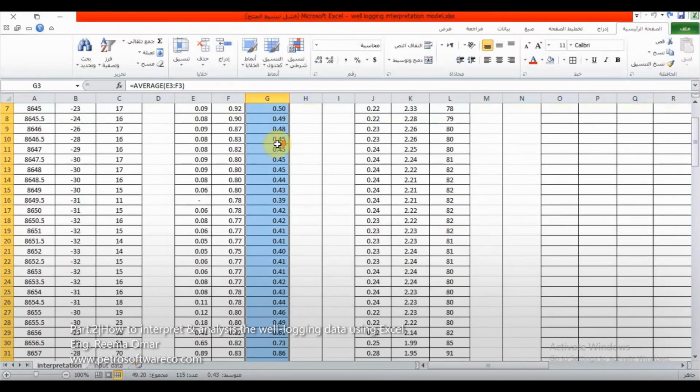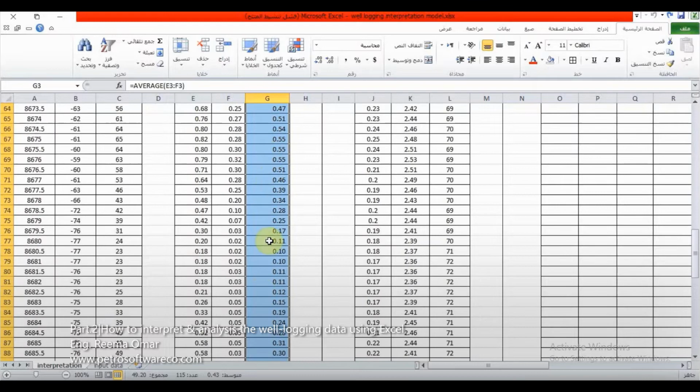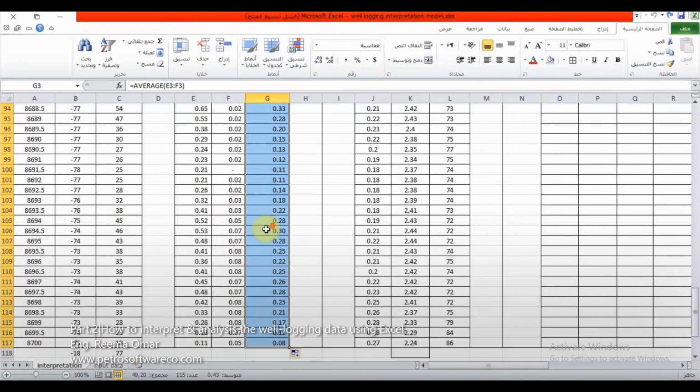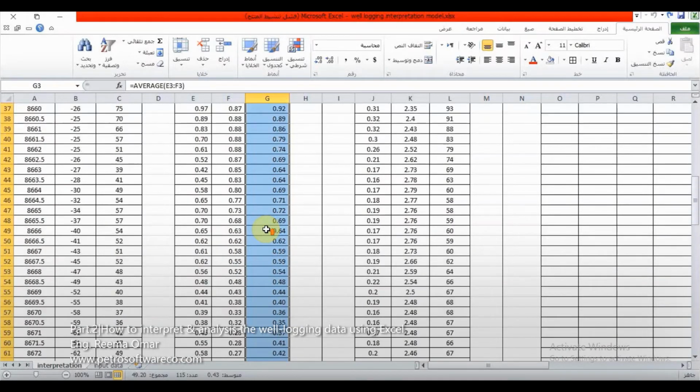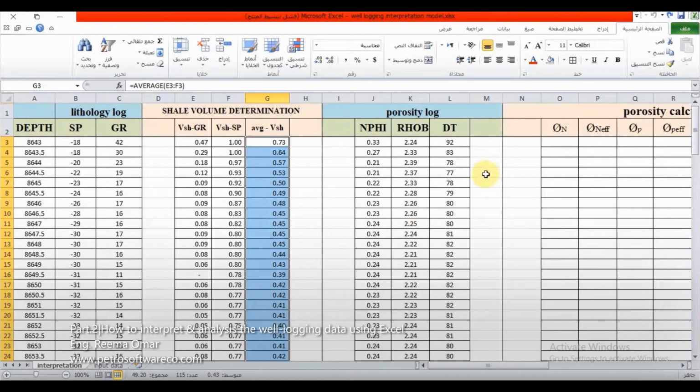This zone has high shale volume, and this zone is medium, and there are zones that have low.